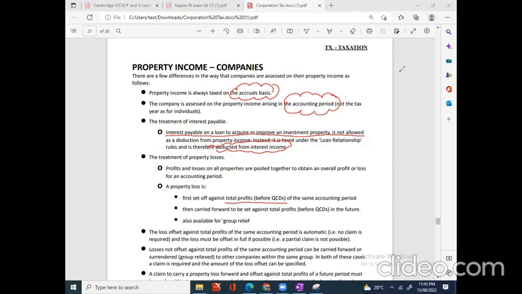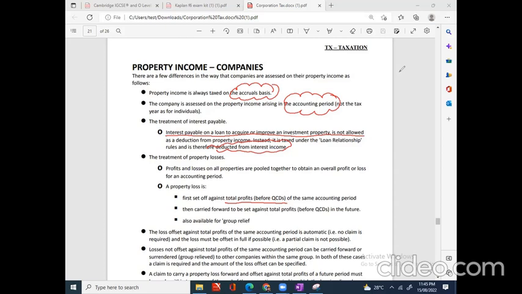We were just carrying it forward. If you check the video for individuals, you will find that property loss is just carried forward from property income. That's it. Very easy, very simple.